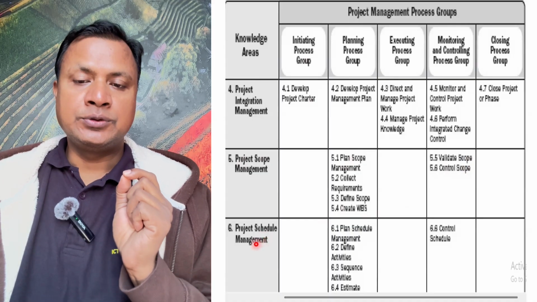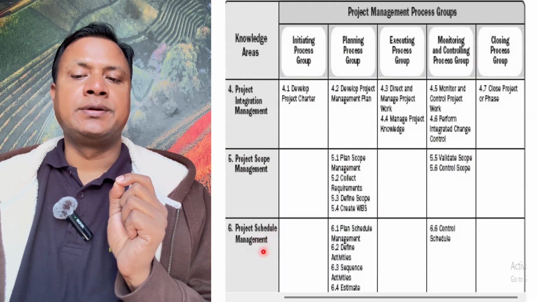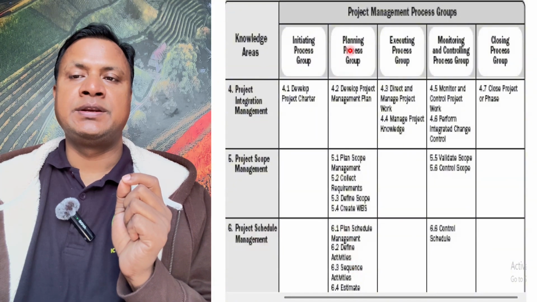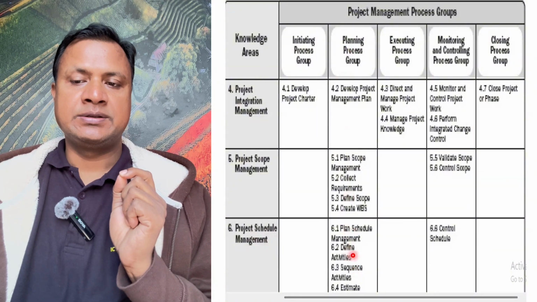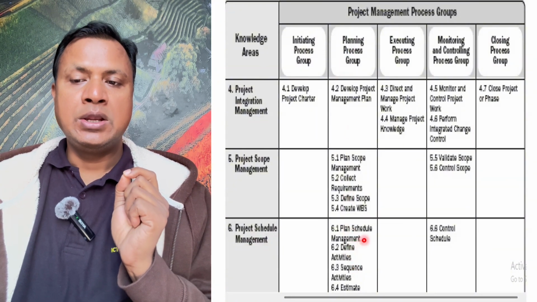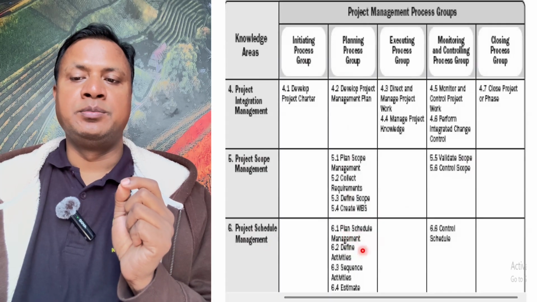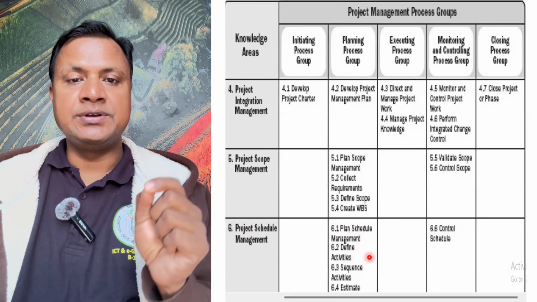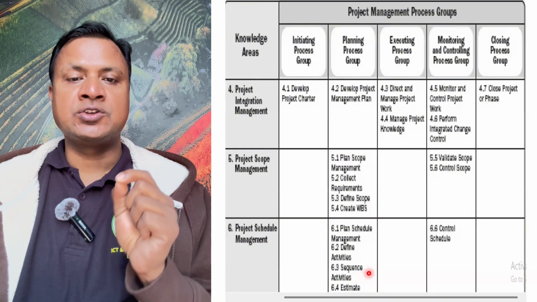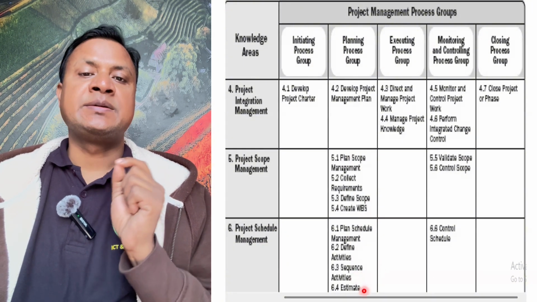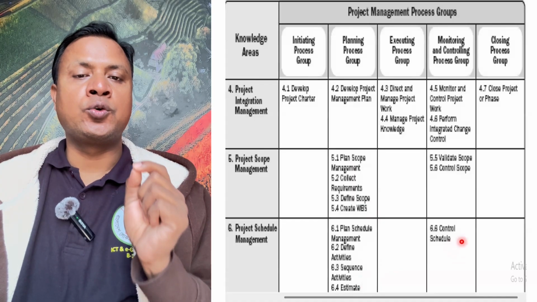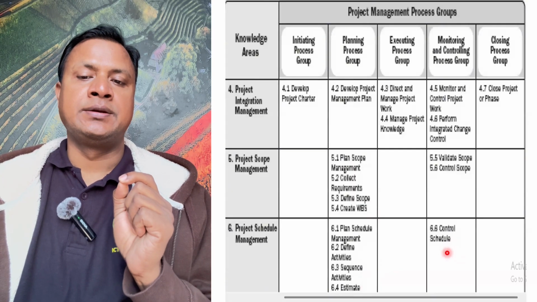Then we come to project schedule management. This part is also part of planning. In planning, we do plan schedule management and define the activities. We sequence the activities and estimate the time. And in the monitoring stage, we control the schedule we have decided.